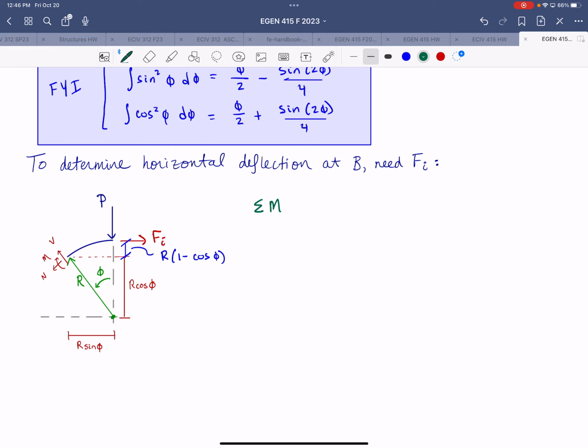So now we need to rewrite the moment expressions to account for that fake force. So we have M is equal to negative PR sine phi minus Fi times r times 1 minus cosine phi.